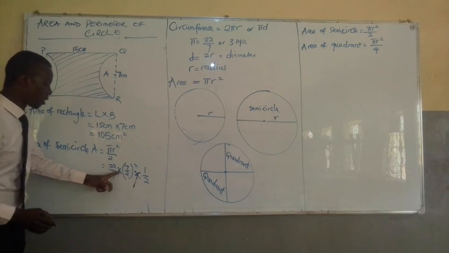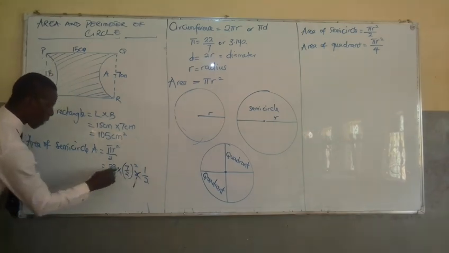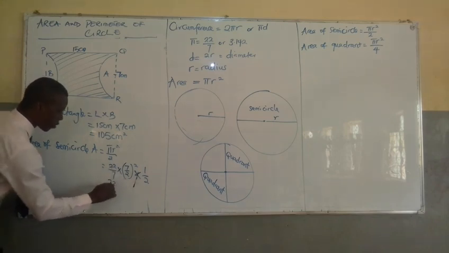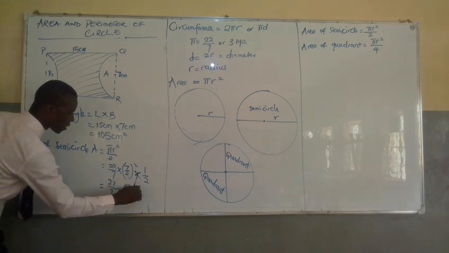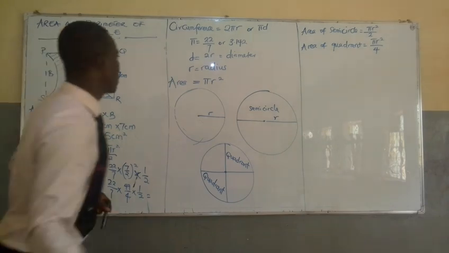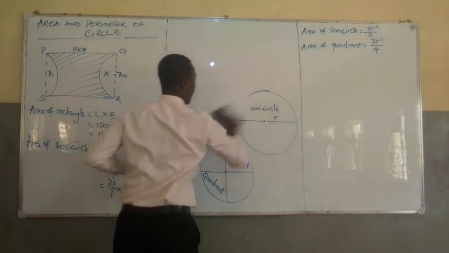So when I compute this, what am I going to have? This is 22 over 7 times 49 over 4 times 1 over 2. Resolving it this way will be easier for me. So let me create more space to work on that.